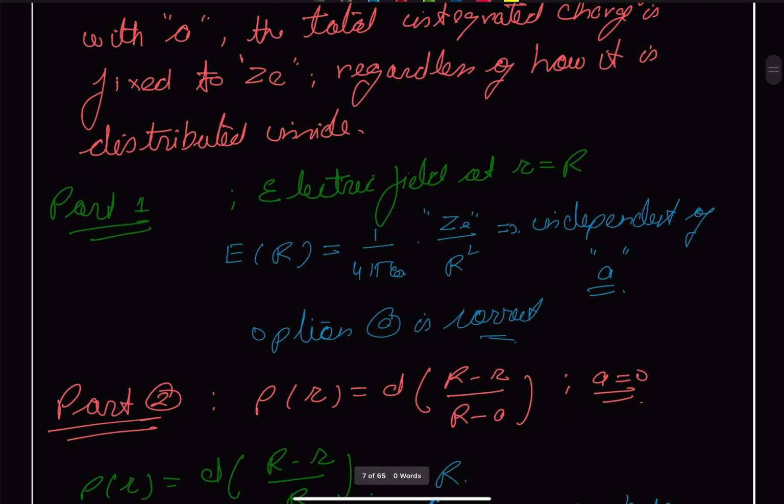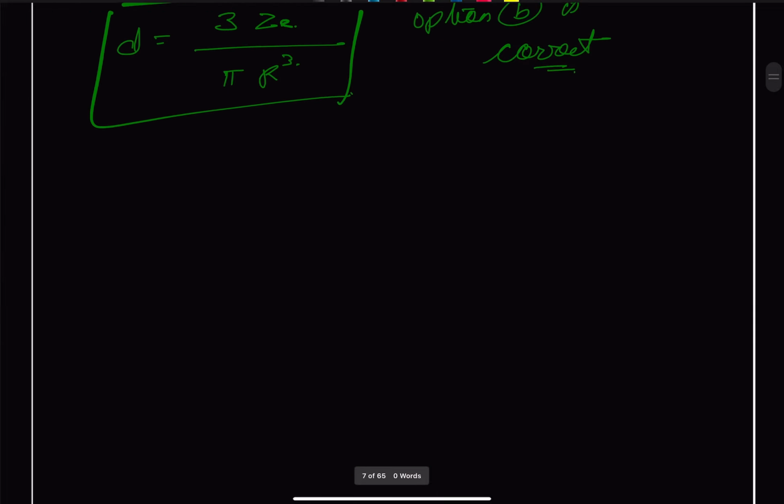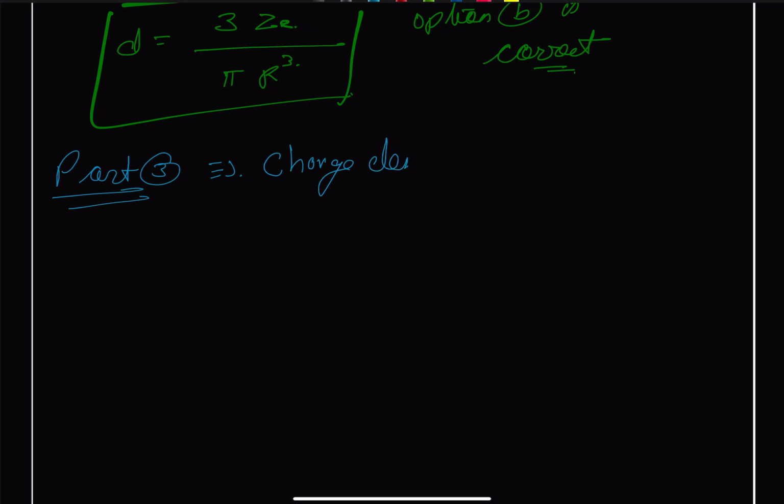So let us sort it out for part 3 rather. So part 3, we can say that our charge density, which is rho of r, is going to have two values basically.